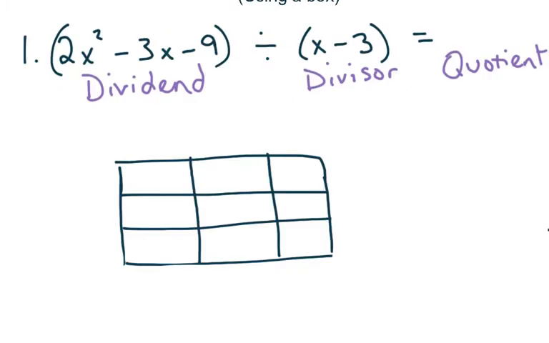Okay, so to do this division, we're going to draw a box, and we need our box to be 3 rows high. The top row is going to be blank. In front of the second row, we're going to put our x term, or the first term of our divisor, and in front of the third row, we're going to put the second term of our divisor. Okay.